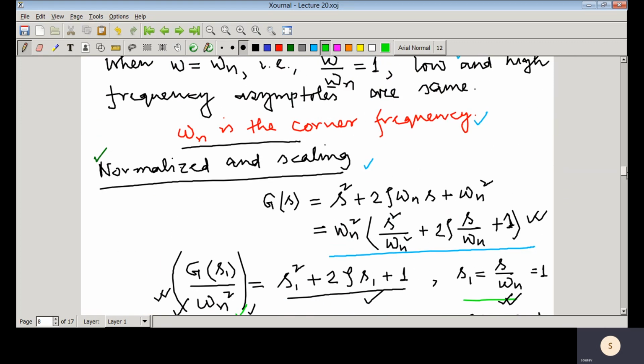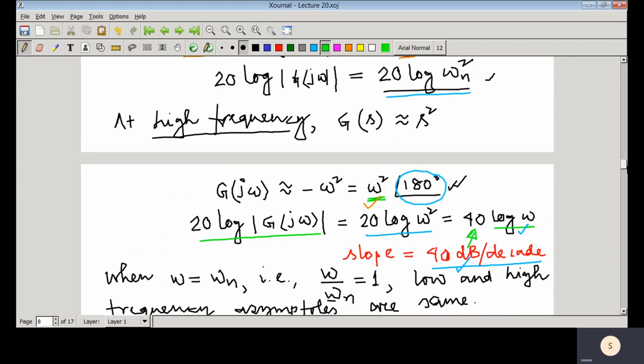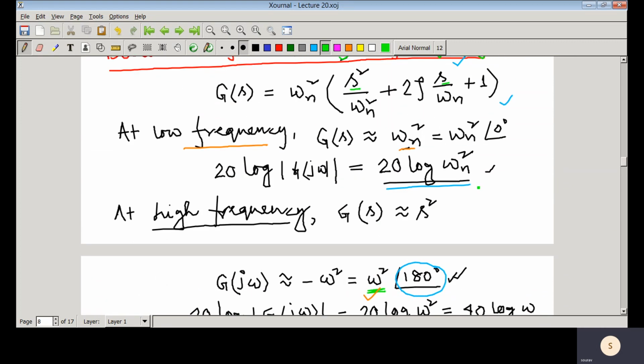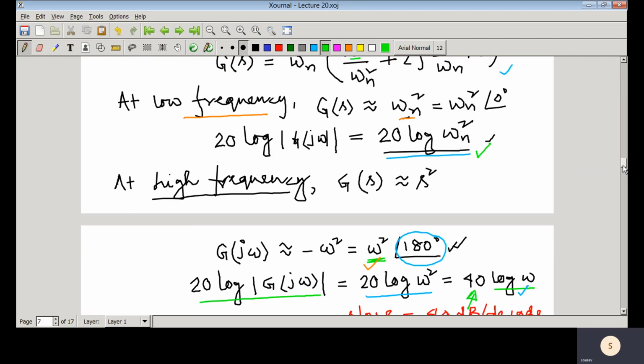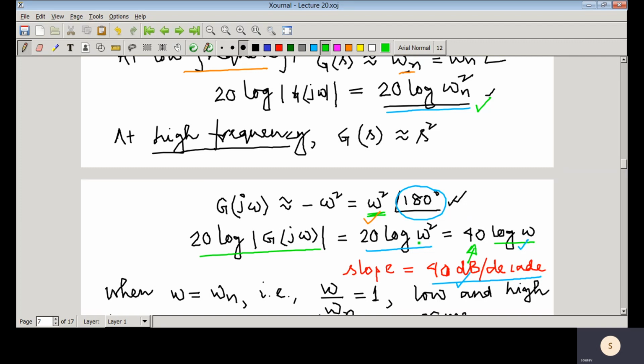Whenever it is not in normalized form, at low frequency the value is 20 log omega n square, and at high frequency it would be 20 log omega square, with the slope 40 dB per decade.